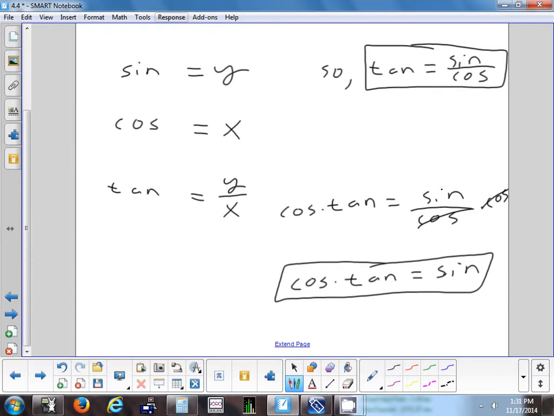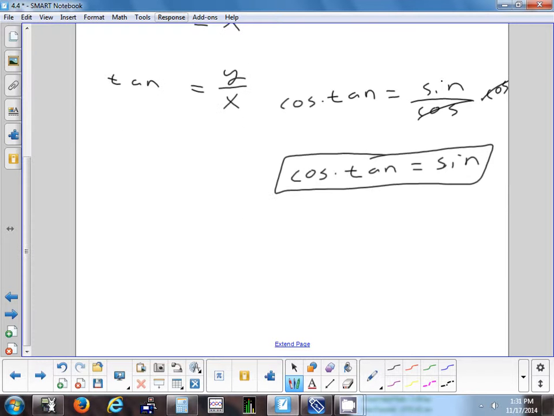Okay, these are called trig identities. Let me show you one more pattern. Take the sine, square it. Take the cosine, square it, and then add them up. Let's see what happens. Okay, somebody pick any angle between 0 and 90. 27? Okay.